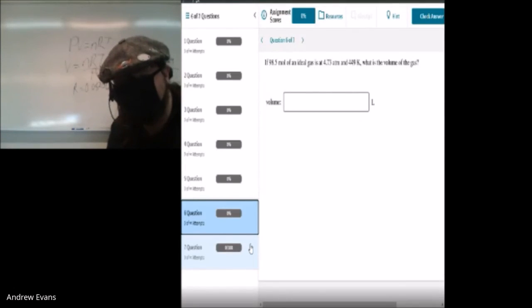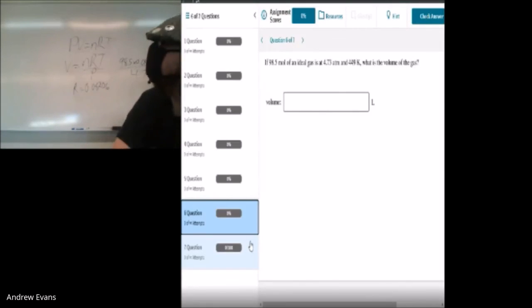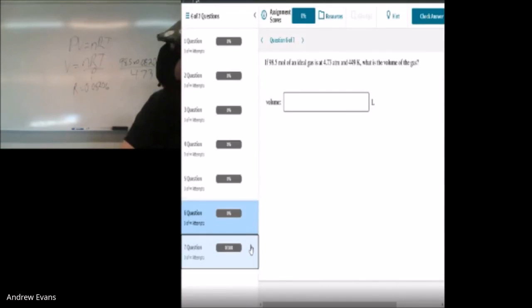But keep in mind, 98 moles of a gas, and it's not exactly at room temperature either. So 98 moles of a hot gas at a relatively low pressure means it's going to take up a big volume.